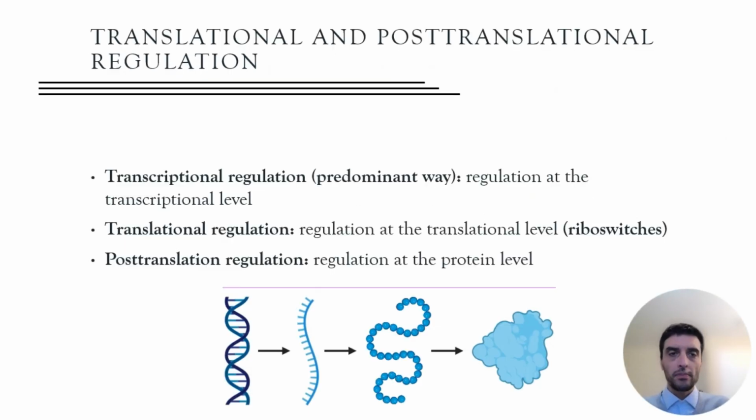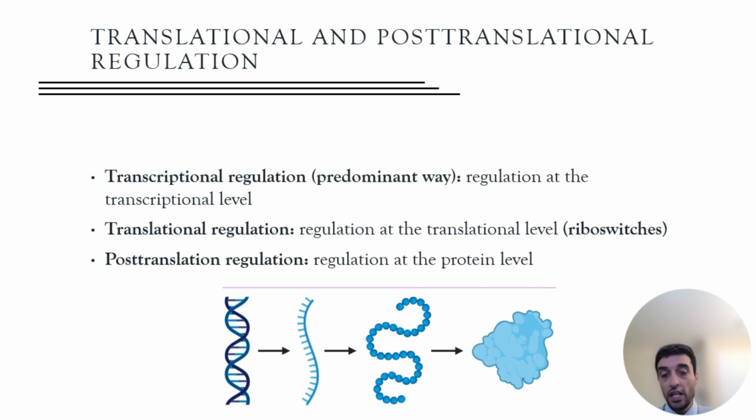And lastly, there's the translational and post-translational regulation. Transcriptional regulation is the predominant way to regulate gene expression and therefore the proteins at the end of it. But in a smaller but also important way, we also have translational regulation, regulating at the level of translation, usually by riboswitches that we're going to talk more about.